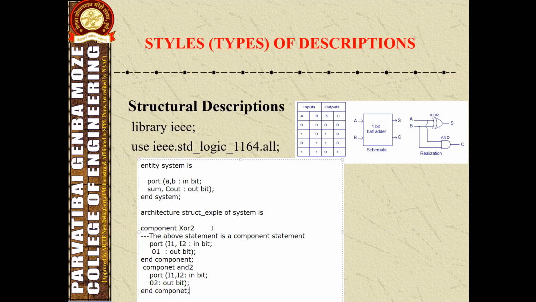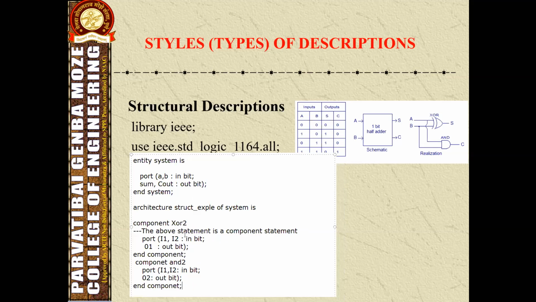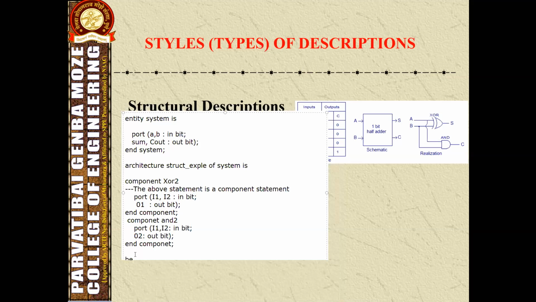In the structural type, we have to first give the information about each component and what are the inputs and outputs. All things we have to mention first. Then we have to begin with the begin command.